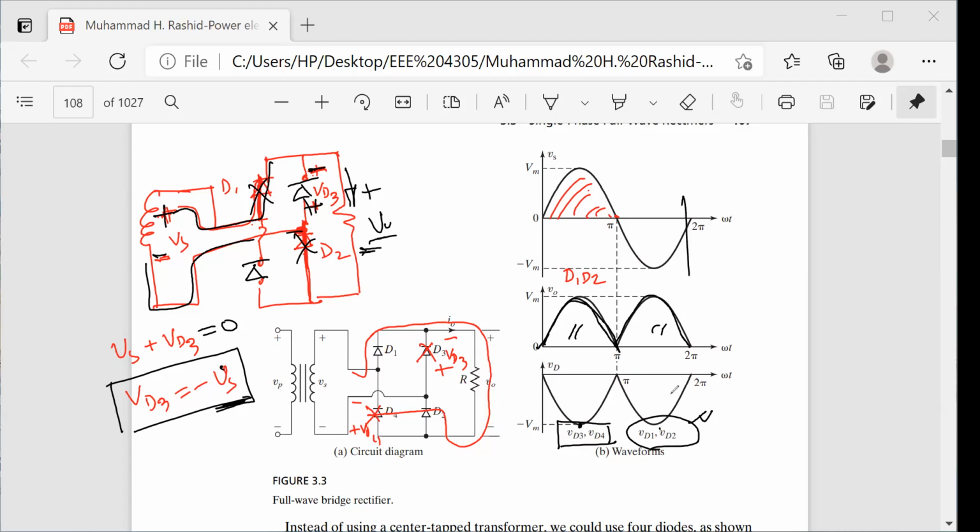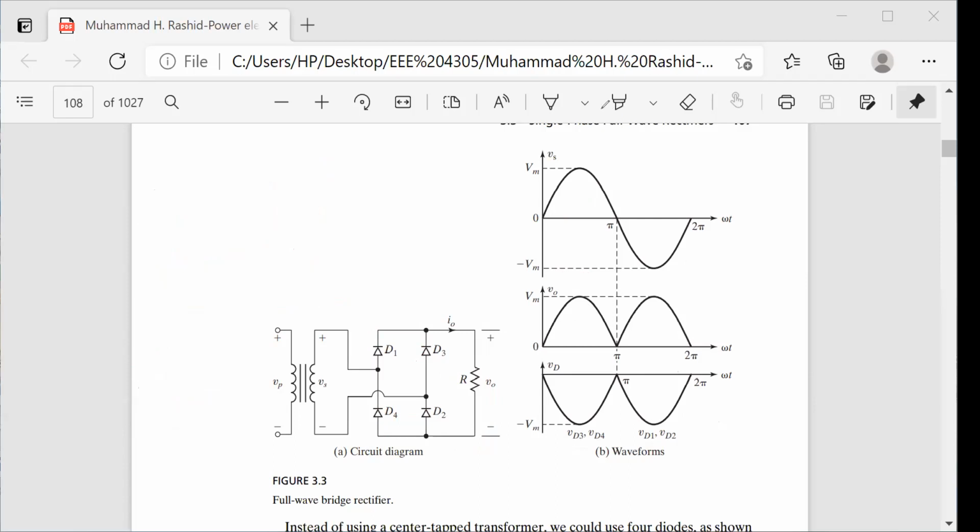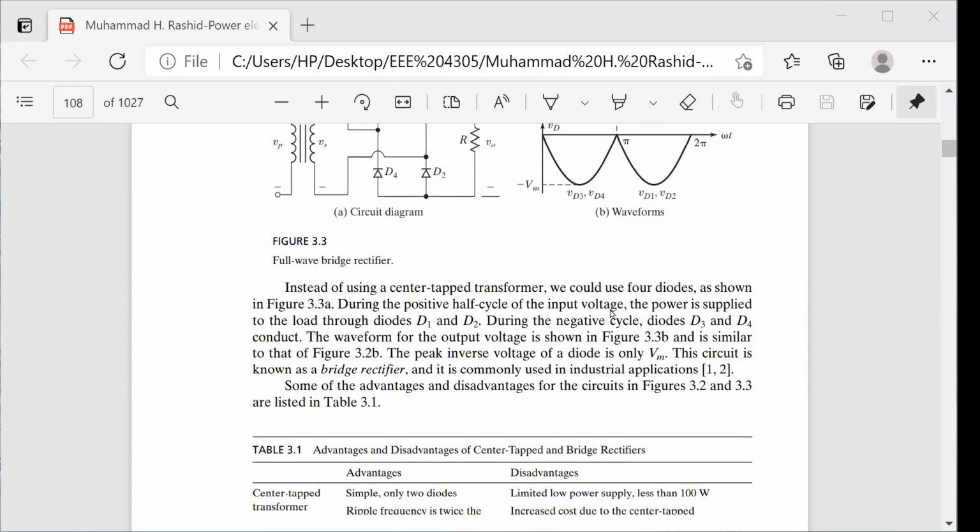In the negative half cycle, they are not conducting, so VD1 or VD2 will be minus VS. I hope you understood. Yes or no? These are very simple things we have already covered in your second semester. You forgot everything. This corona has done a lot.